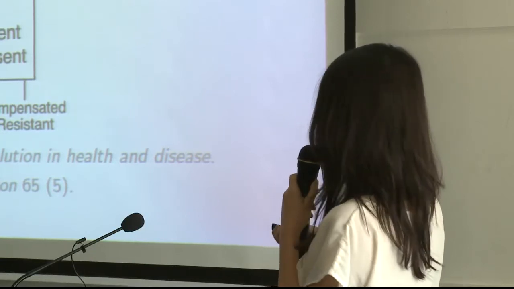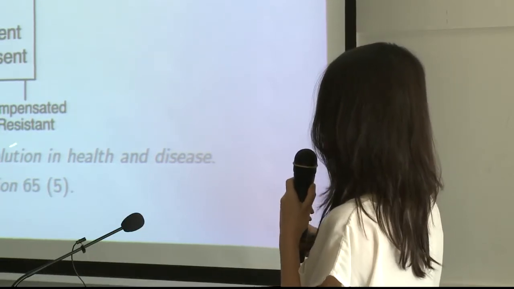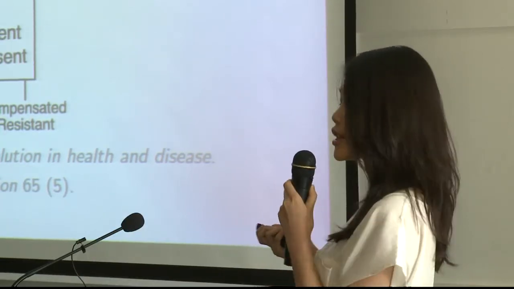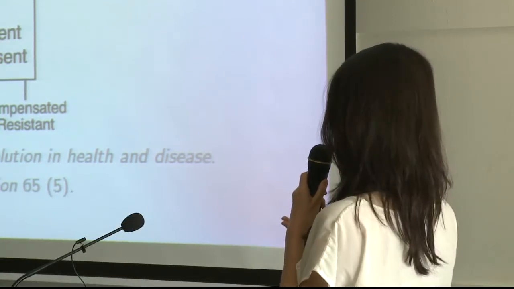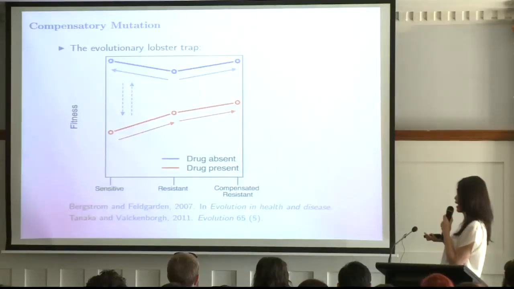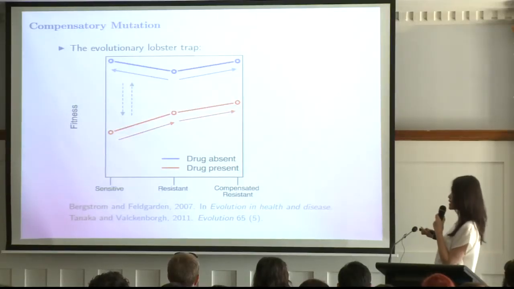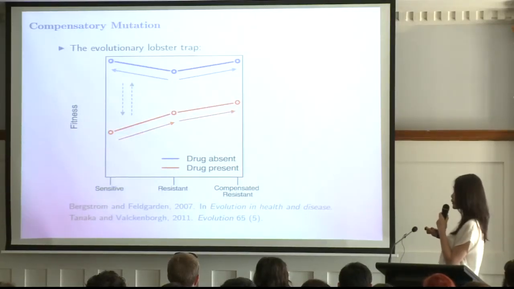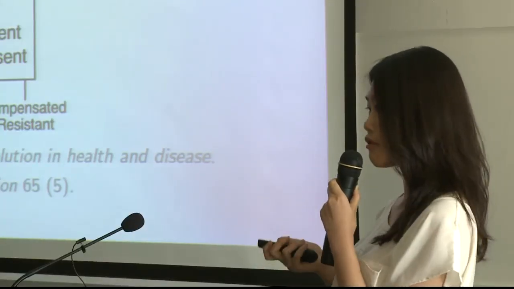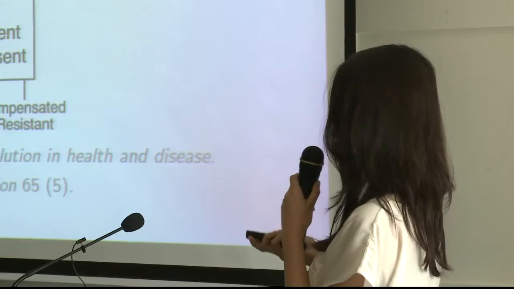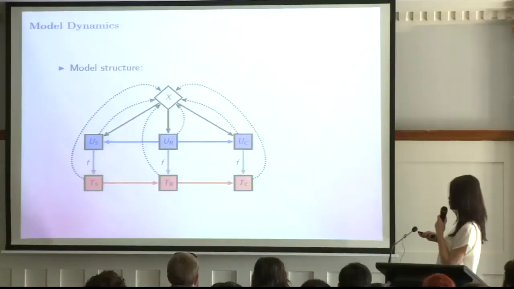Given this crucial impact of compensatory mutation in the evolution of drug resistance, it is very important to study whether and how this trap can be escaped. Tanaka and Benken both have investigated the dynamics and pointed out crucial factors for reversion at the within-host level. And we wondered what happens at the population level.